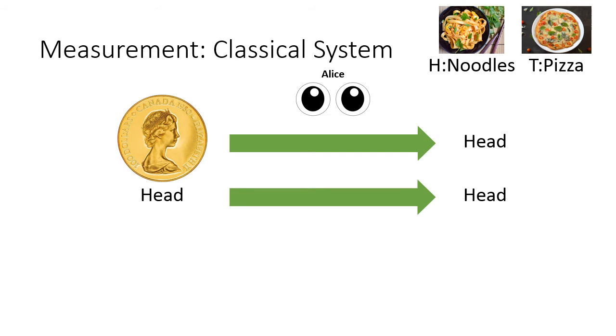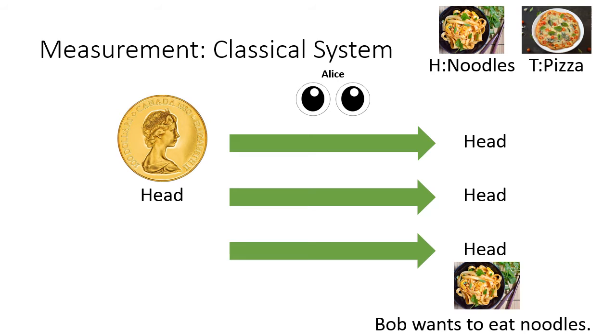Alice may look at the coin multiple times to double confirm her observation. The observed result will not be changed. She may take a look at the coin for the third time and the same result is retrieved. So Alice decides Bob wants to eat noodles tonight.